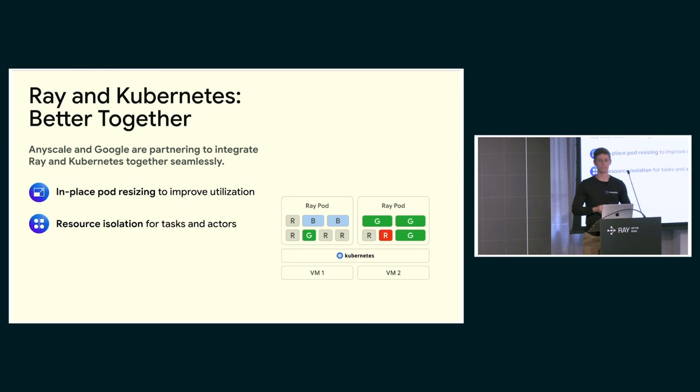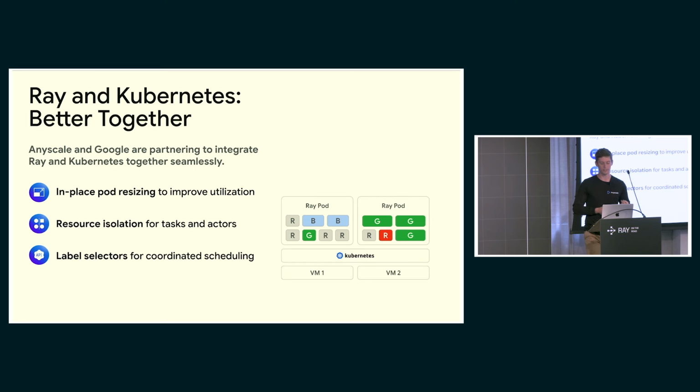We're also working towards enabling resource isolation for tasks and actors inside the Ray pod so that you can get the same resource isolation semantics that you're used to with Kubernetes pods, but you can do it inside Ray applications.